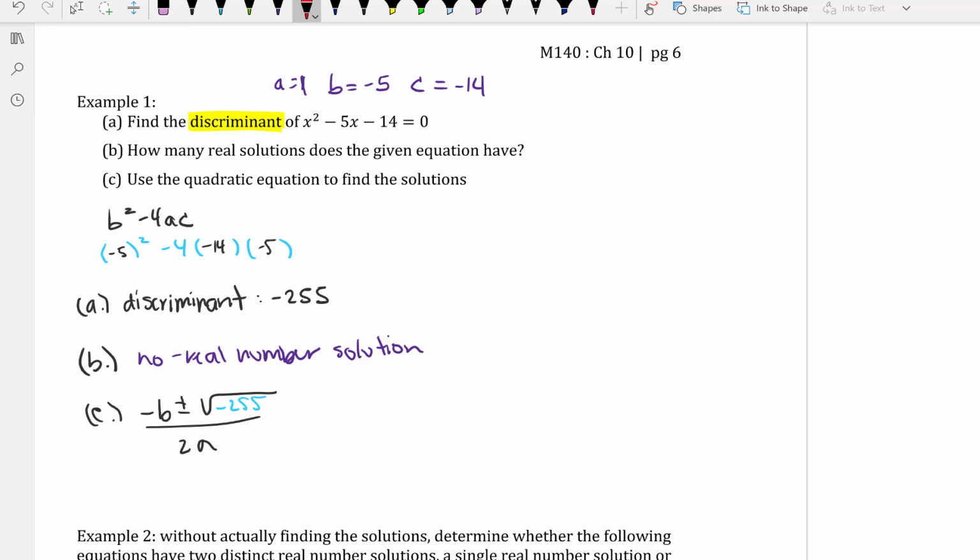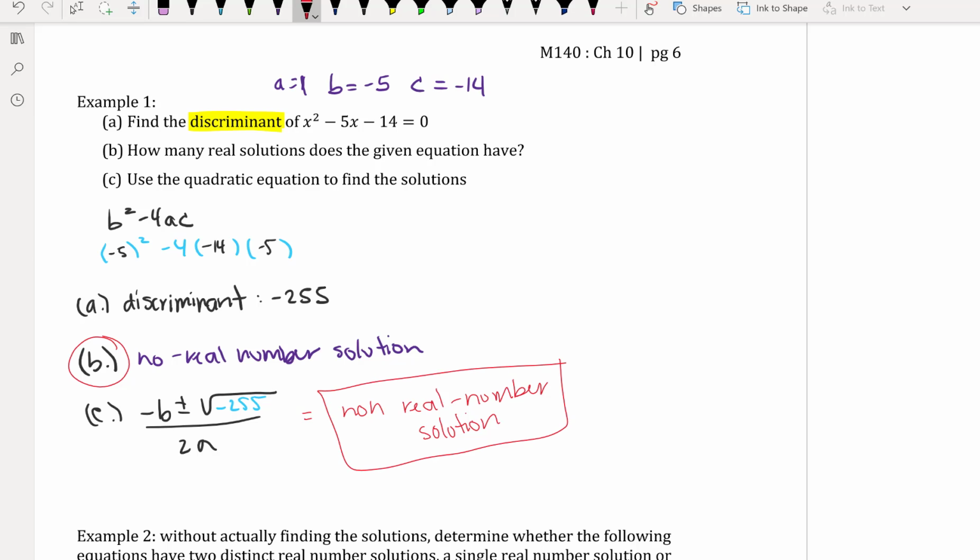But we already know from part B that there's no real number solution. So we say that this is going to equal a non-real number solution. So we don't even have to plug in the rest of the values. We just know that it's a non-real number solution, meaning that it's going to be imaginary.